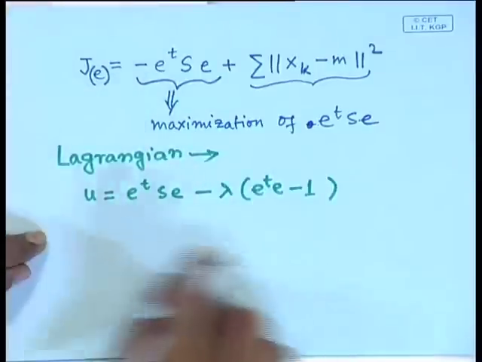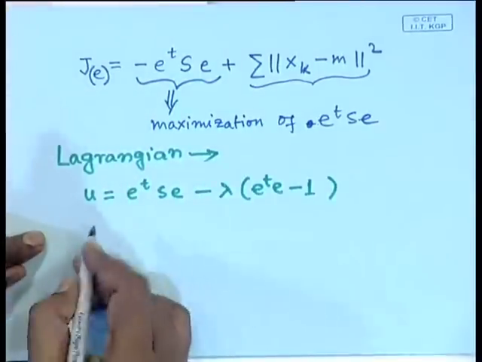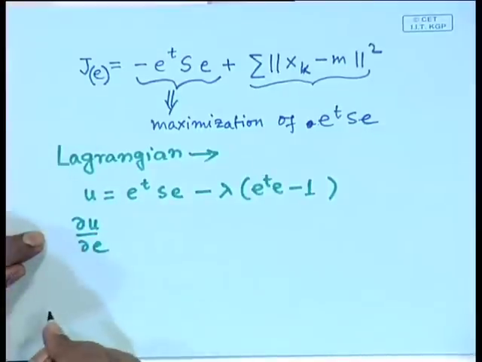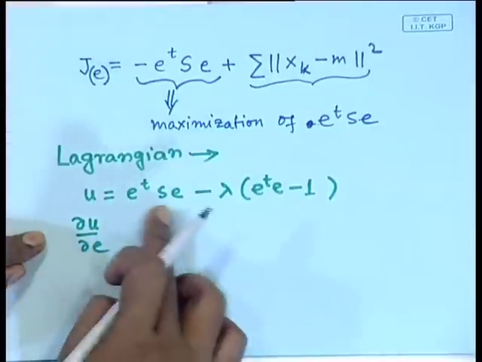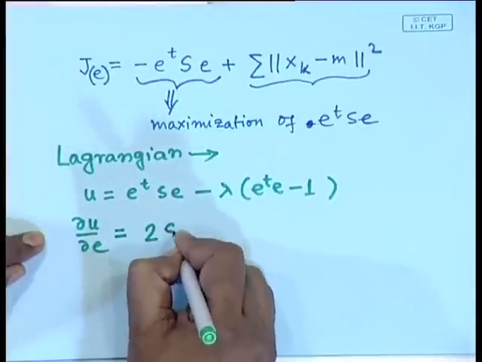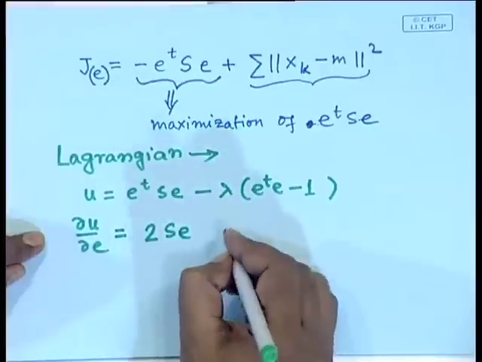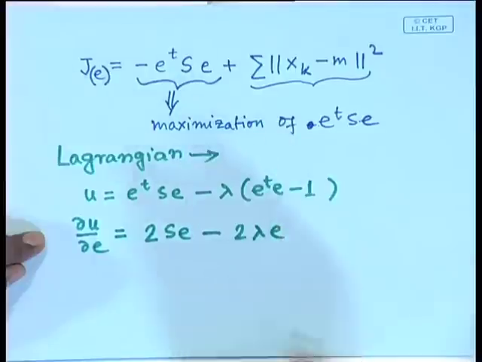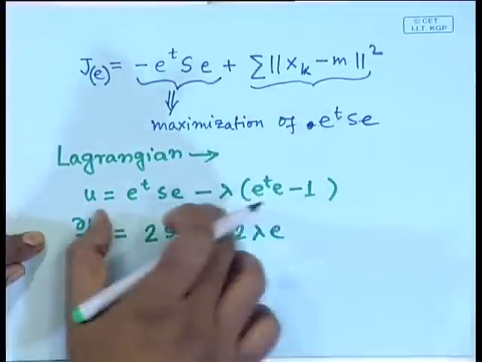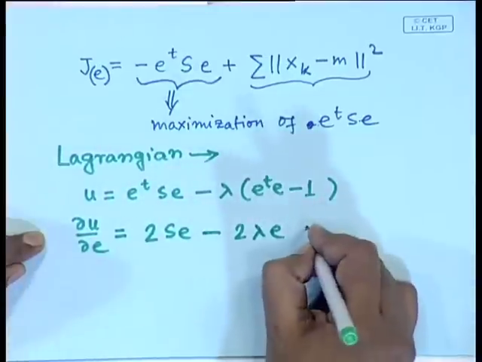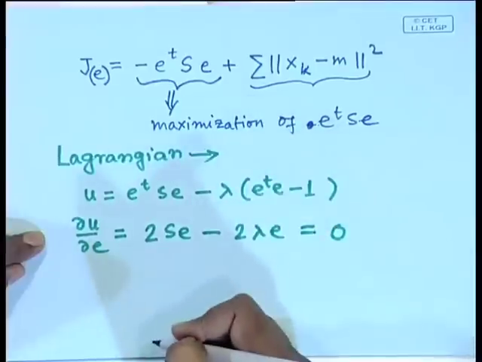Okay. So, to maximize this, I have to take the differentiation of this with respect to E. So, what I have to compute is del u del E, and if I compute del u del E, then over here I simply get the expression 2 S E minus 2 lambda E. Differentiate this with respect to E, I get 2 S E minus 2 lambda E. I have to equate this to 0, right.